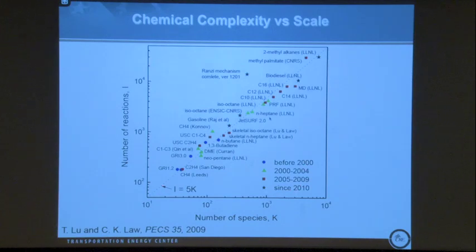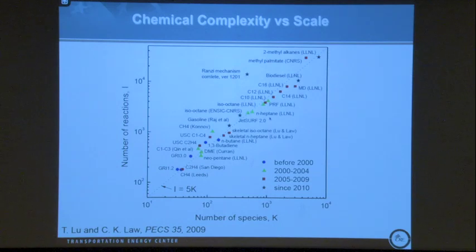And you can see that hydrogen is somewhere here near the origin with about 10 species or so, 9 species, and small number of elementary steps. And then you go on up to methane and ethylene and some of the larger hydrocarbon fuels out here far away from the axes. Some of the primary reference fuel for gasoline, for example, PRF, N-heptane, diesel surrogate, and isooctane are out here.